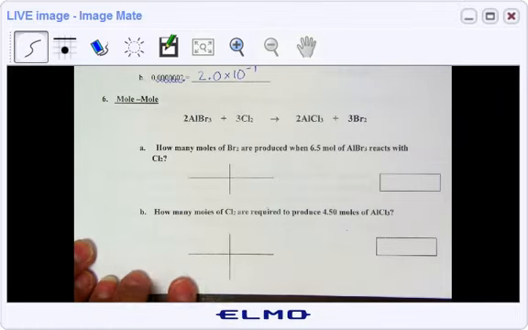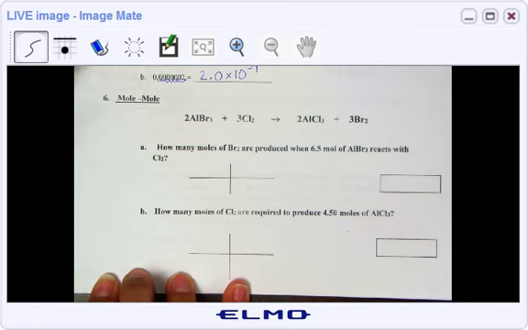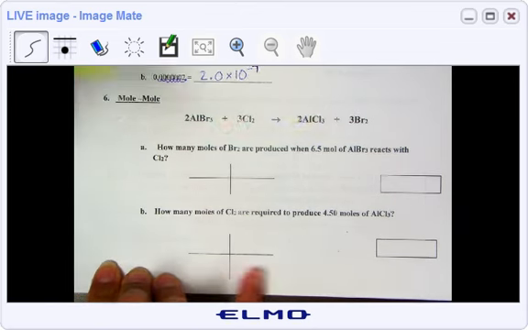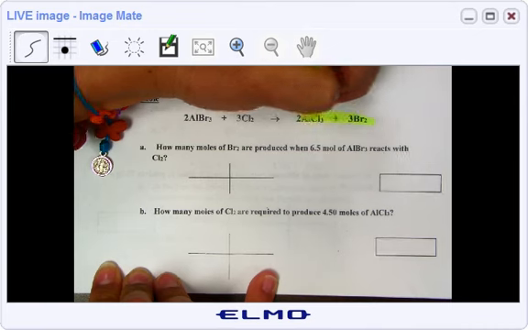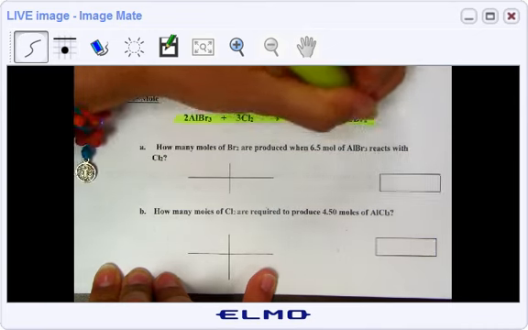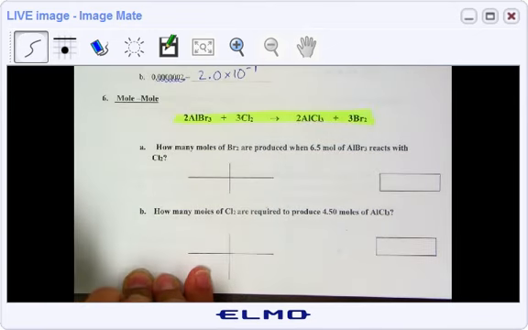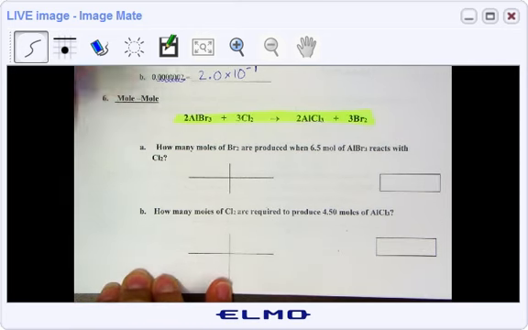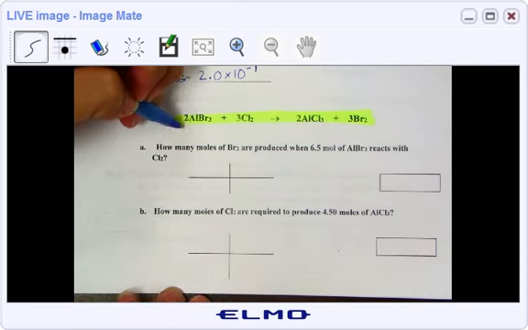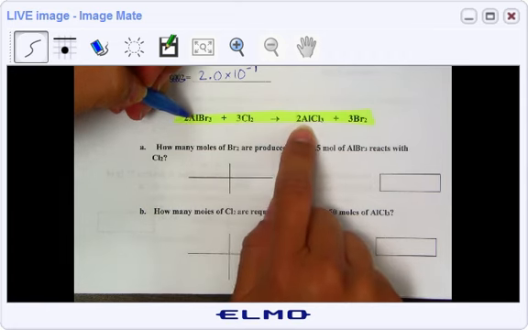Number 6, mole to mole. This is stoichiometry, so you always have to check that the equation given is reduced. The equation is right here. I have 2 Als. I have 2 Als.